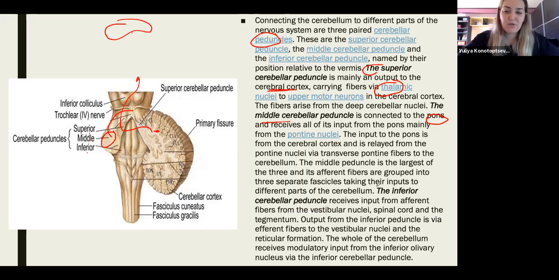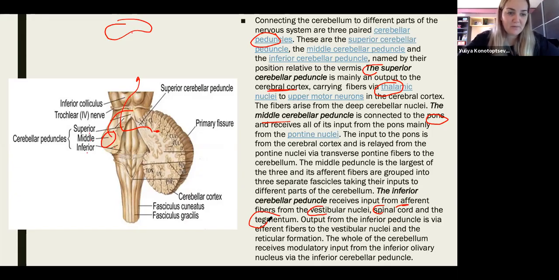Inferior cerebellar peduncle is going to be a bit lower, of course, and it has input from afferent fibers from 4 places. I wrote here 3, but there are going to be 4 places: vestibular nucleus, spinal cord, tegmentum, and medulla oblongata.